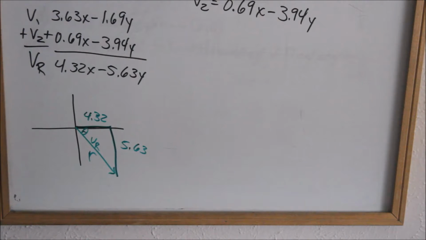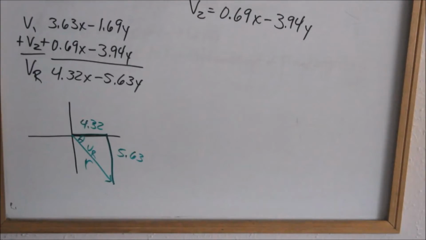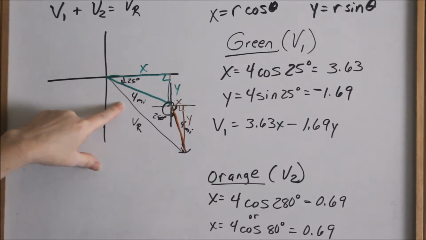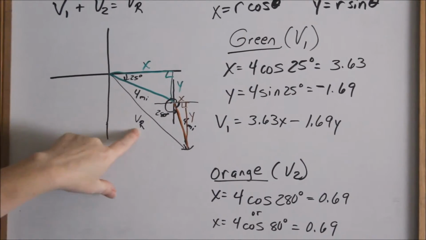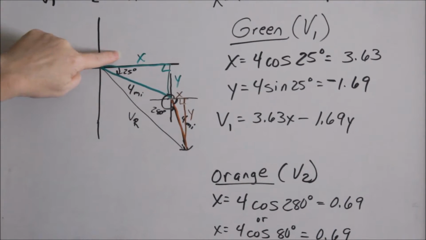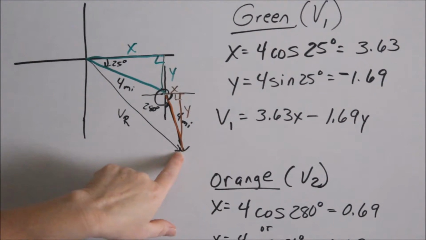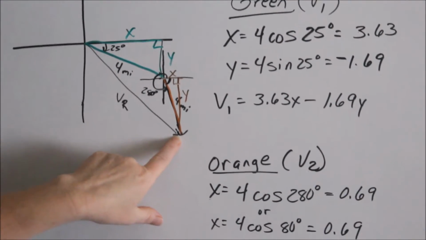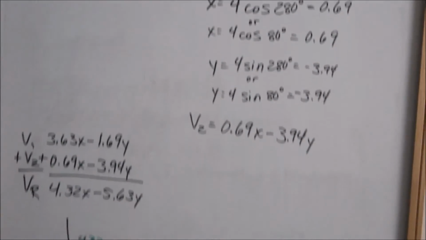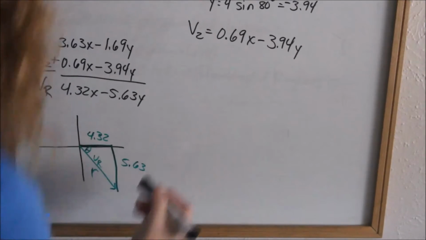If you go back up to our original picture, this actually matches our resultant vector. We went in a positive x direction, then we went down in a y direction to get to this final point right here, okay?